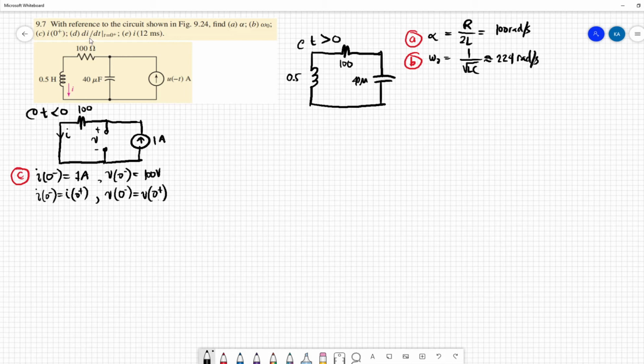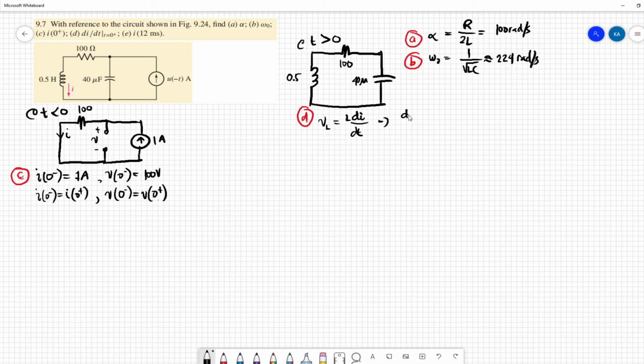Next, let's find di/dt at 0 plus. Similar to the previous example, we can express the voltage across the inductor as L di/dt.